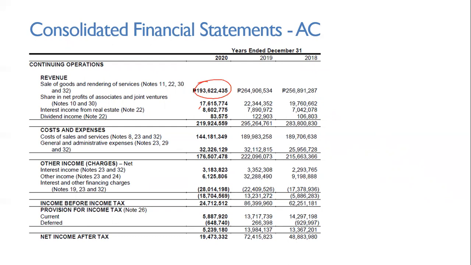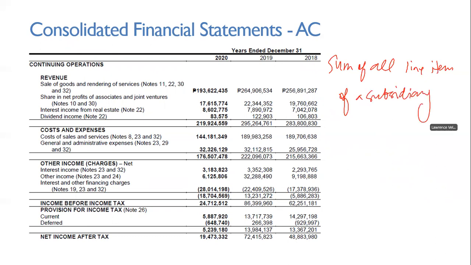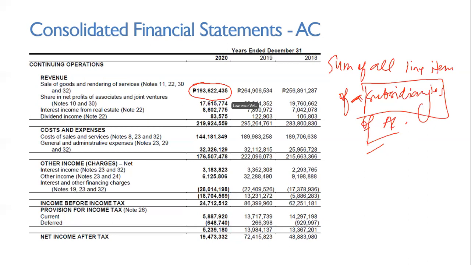Okay? Ngayon, if napansin nyo, anong sinasabi ko? Sum of all line items of subsidiaries. Of AC. So, kailangan natin i-define ano ba yung subsidiary. Okay? Kasi yung mga subsidiary, yun ang laman ng 193,622 na yan.